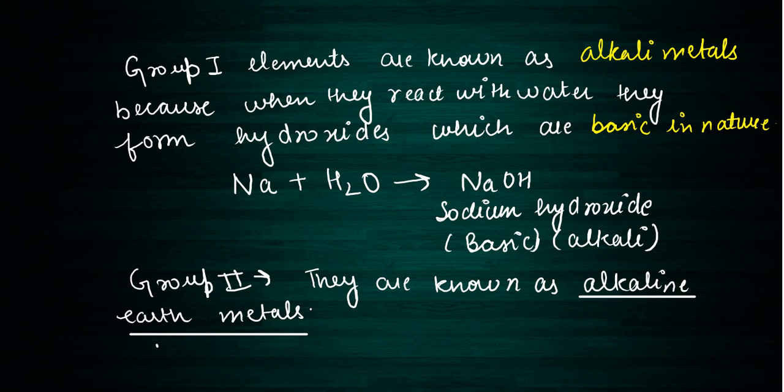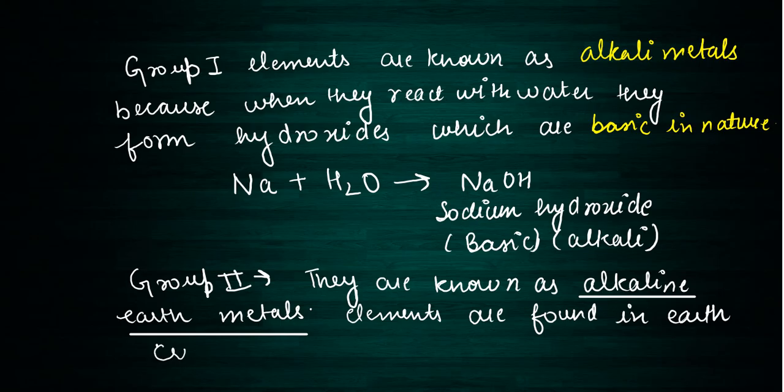This earth addition is because of the fact that group 2 elements are found in the earth crust in the form of oxides. That is, we don't find them unbonded, they are present as oxides in the earth crust.